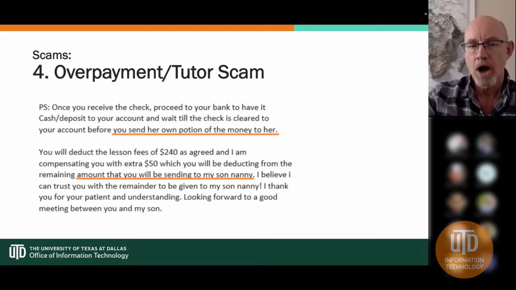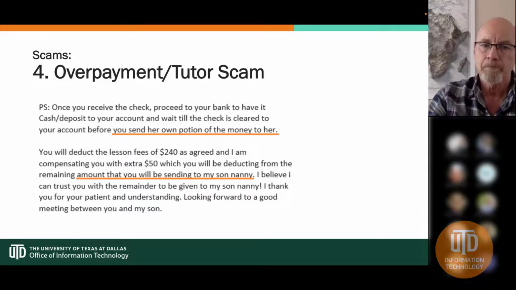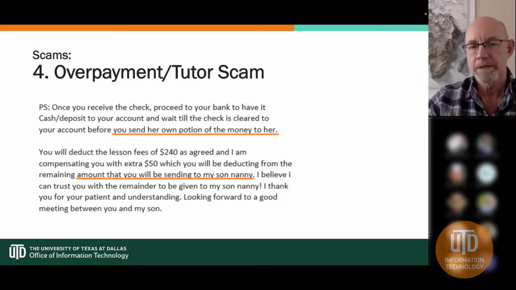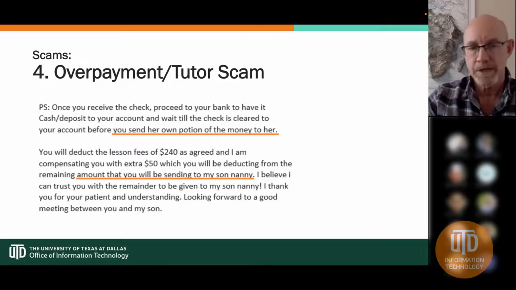So basically they are overpaying. Let's say you agreed on $800. They overpay, say $1,500. And these are the instructions the bad guy wants you to follow. Once you've received the check, deposit it, wait until the check is cleared, and then you send the excess money. Remember that you wanted 800, they sent you 1,500.